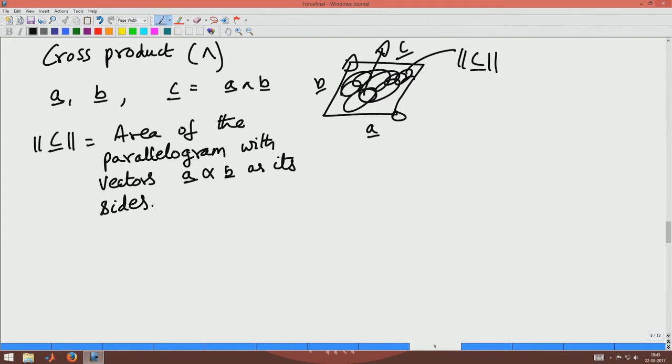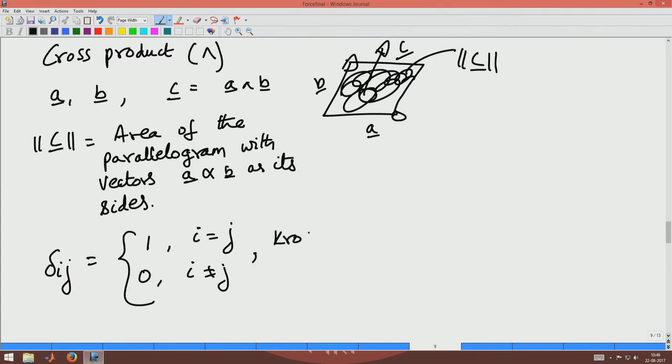Now, we have to introduce two symbols to be able to mathematically represent the cross product and the dot product. Delta ij is equal to 1 if i equal to j and 0 if i is not equal to j. This is called the Kronecker delta.